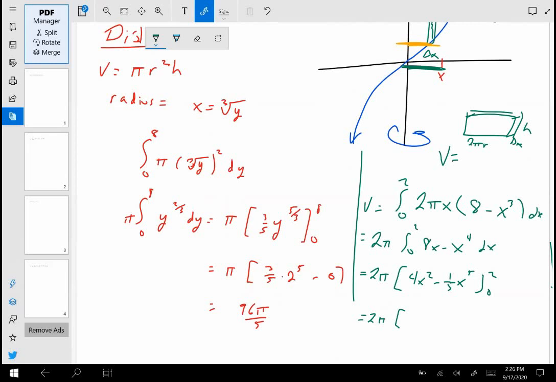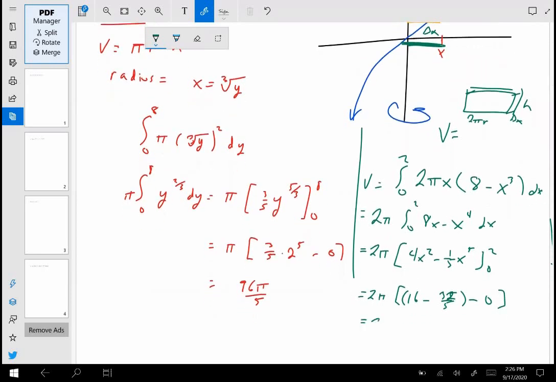So at 2, let's see, we'll get 4, that's 16 minus 32 over 5, and then minus 0, since both of those have an x in there. Okay, so we'll have minus 0. Let's see, 16, 5, 30, 80. So 80 minus 32, 8, 28.